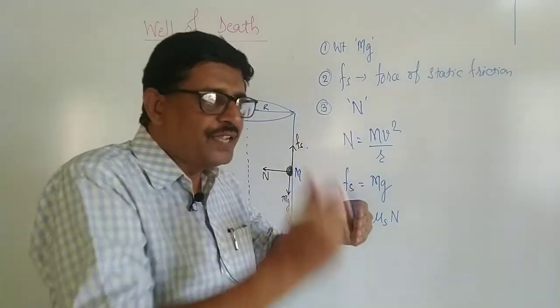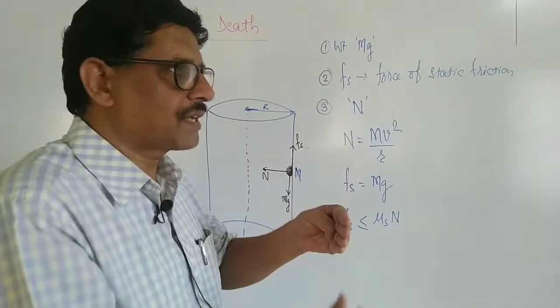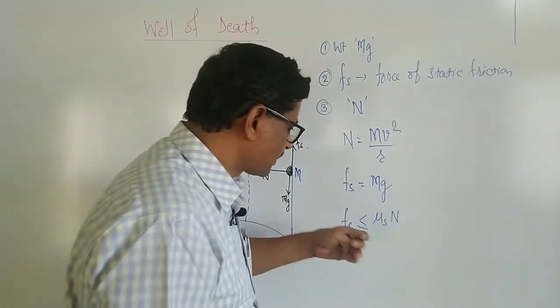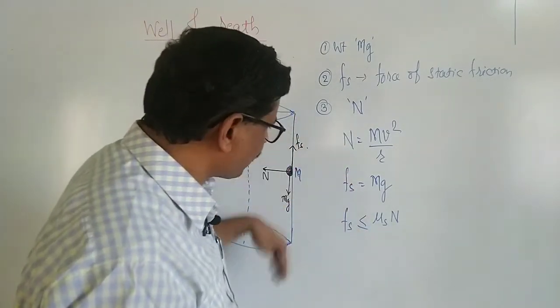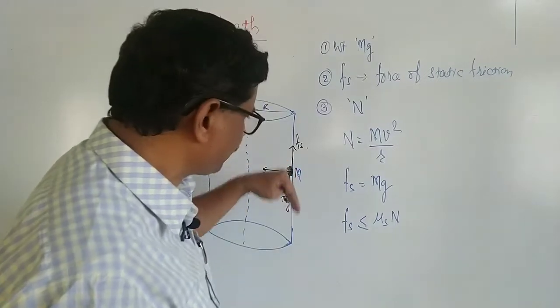Therefore, for the vertical component of motion, this is the static force which avoids the sliding of the vehicle.